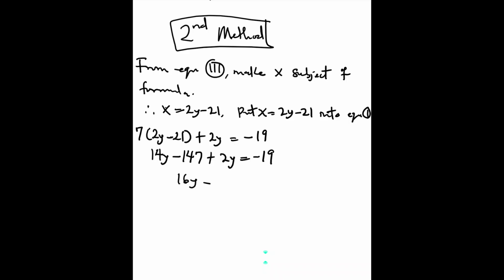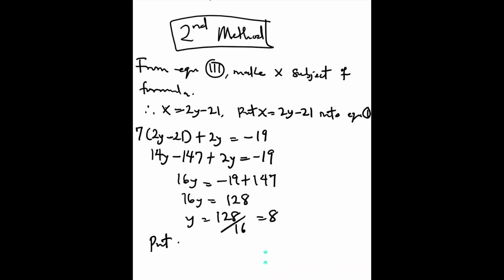Okay, so 14y plus 2y is 16y, and let's take minus 147 to meet minus 19 at the other end. So that'll be minus 19 plus 147. Okay, so 16y is equal to 128. So y equals 128 divided by 16, which is 8.